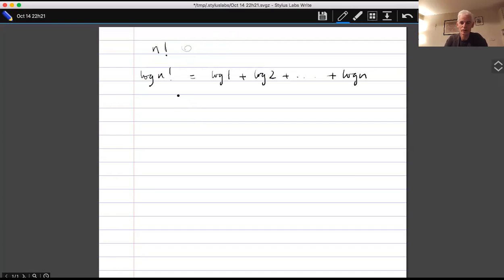Supposing I look at the graph of log x, I'll just look at the positive part. It crosses the axis at 1, and let's mark some points on the x-axis.